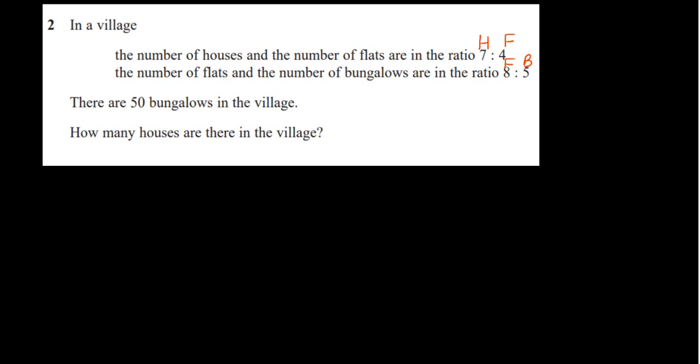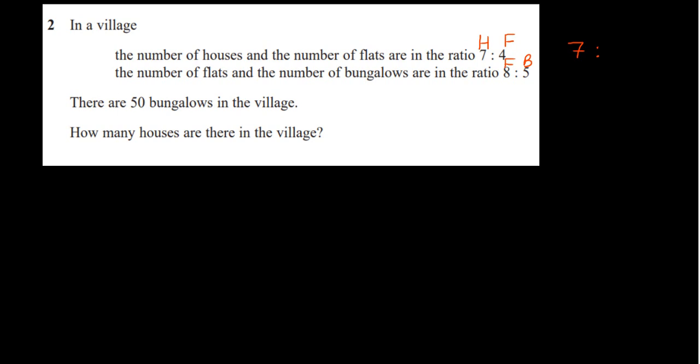At this moment in time, I would stop and try to compare the two ratios together. The first ratio, houses to flats, is 7 to 4, and flats to bungalows is 8 to 5. Both these ratios have flats in them, so I'm going to try to get the two flats to be the same number.